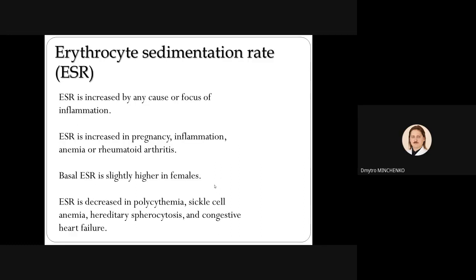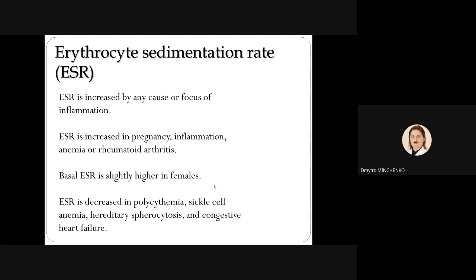Erythrocyte sedimentation rate. ESR is increased by any cause or focus of inflammation. ESR is increased in pregnancy as well, in anemia, or rheumatoid diseases like rheumatoid arthritis, lupus, rheumatic fever.